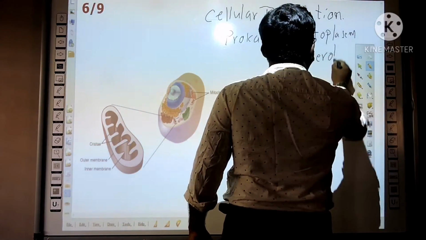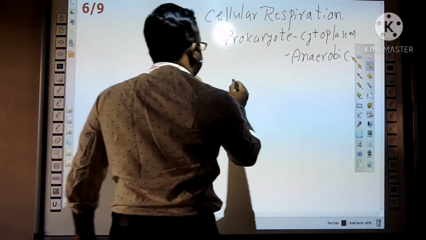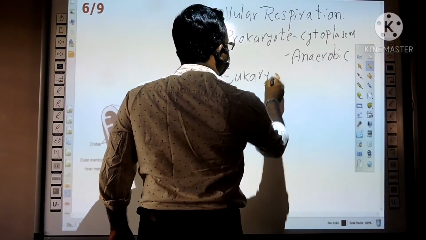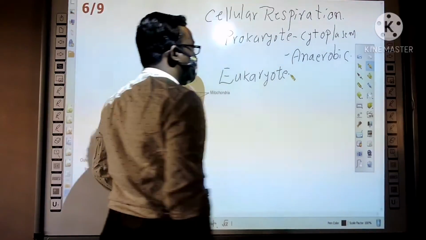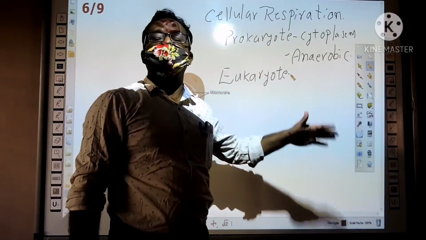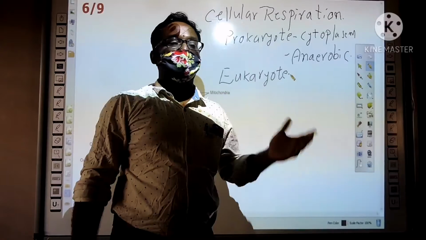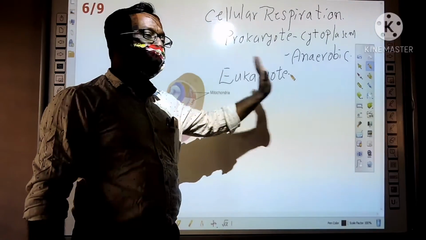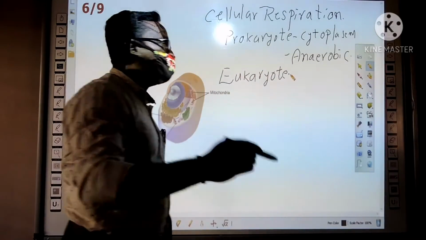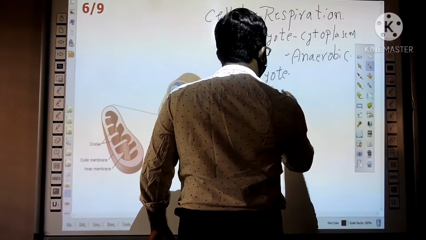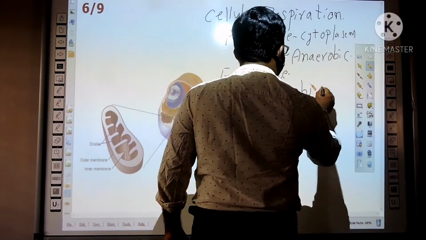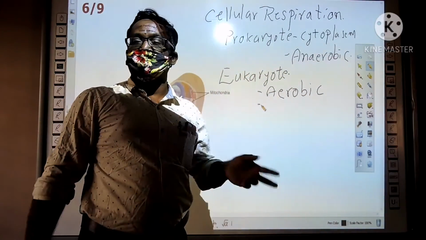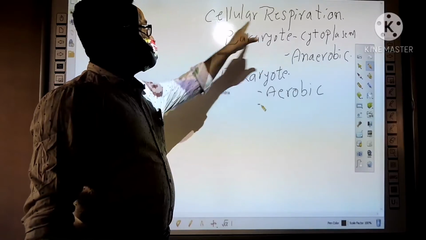Anaerobic respiration. Next, eukaryotes. In eukaryotes, oxygen is used to break down the glucose to release energy. That's why that type of respiration is called aerobic respiration. Aerobic. In eukaryotes, inside the cells, this cellular respiration takes place in two places.